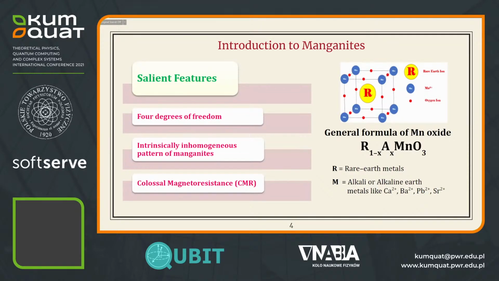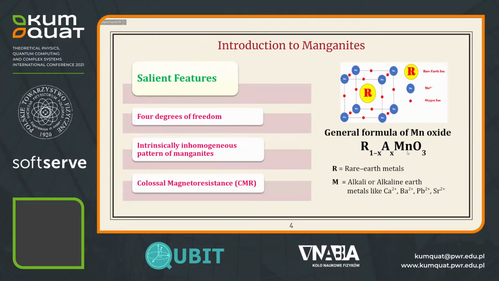Manganites are materials named after the main element manganese, because manganese provides a mixed valence state in these materials, leading to various interesting properties. The general formula for manganites is R1-xAxMnO3, where R is the rare earth ion and A is a divalent alkaline earth ion which we are doping, which is generally divalent, but it can be monovalent, trivalent, or tetravalent also.